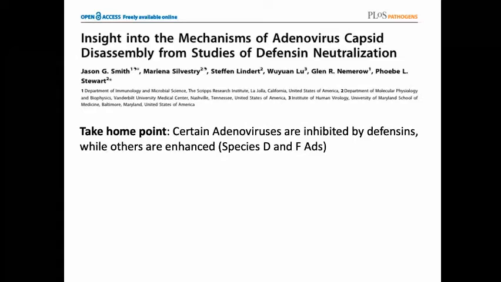So remember I mentioned defensins are antiviral, antifungal, antibacterial. Well, we have some instances in the literature that suggest that defensins can actually enhance adenoviral infection. That means that at some point, evolutionarily, adenoviruses decided to hijack alpha defensins and use them to their own advantage, which I think is personally really cool.